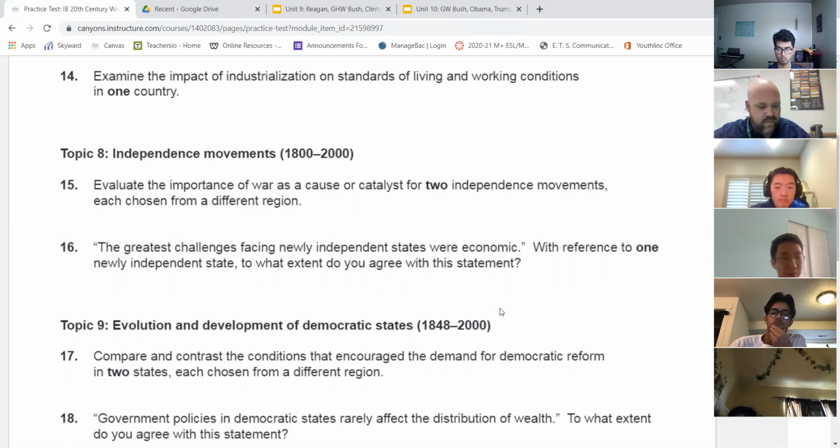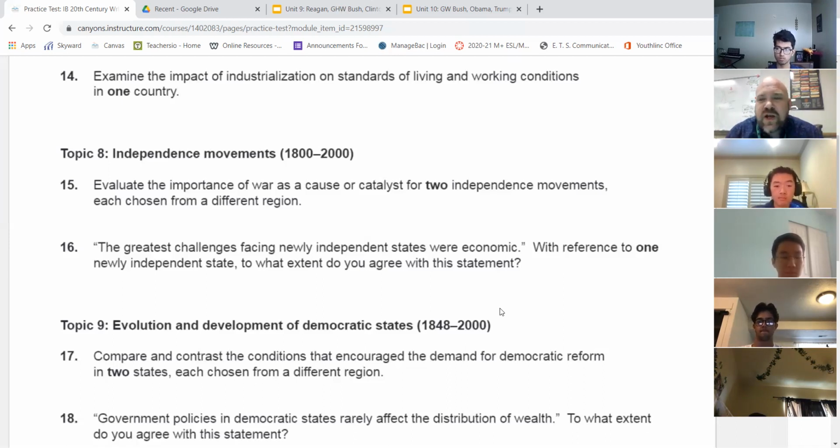You could probably do either the world wars for both of them, or World War II for Ireland, and then either a world war or maybe the Boer War for South Africa. Okay. So you absolutely could do World War II for any of the countries, and you can absolutely do World War I for any of the countries, right? I think the easiest one for me would be probably World War I for both India and Ireland, right? That seems like the low-hanging fruit, the easy one, right?